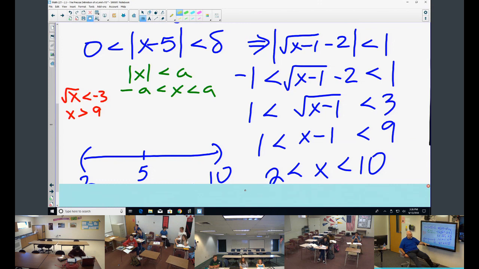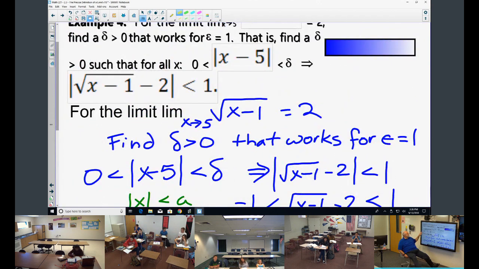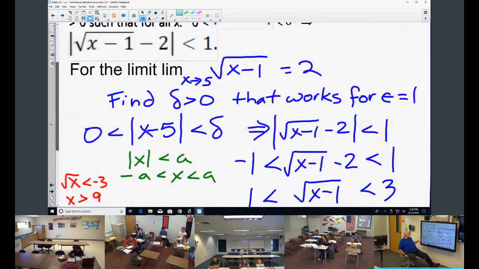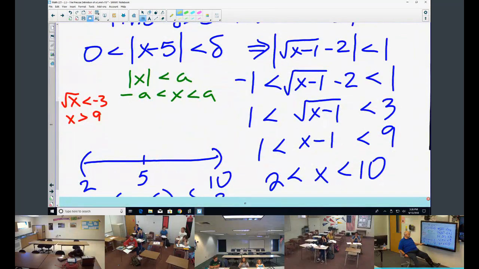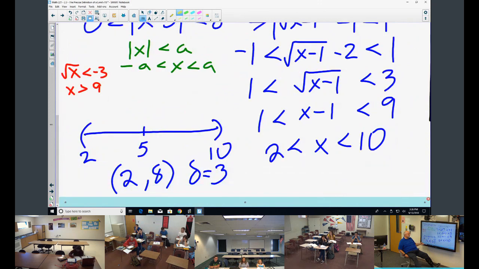So when we solve this, we got the whole interval, but then you have to look at what the target is. What's x approaching? Since x is approaching 5, that's your x of 0. That's your target, and that helps us find the delta. So we're really going to accept anything between 2 and 8, not 2 to 10.